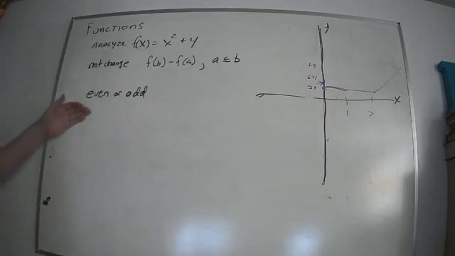So a function is even if it is symmetrical. A function is odd if it is not.